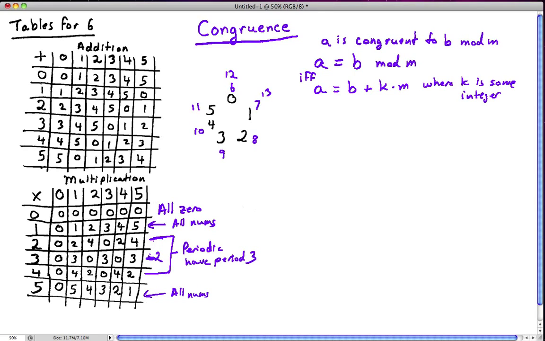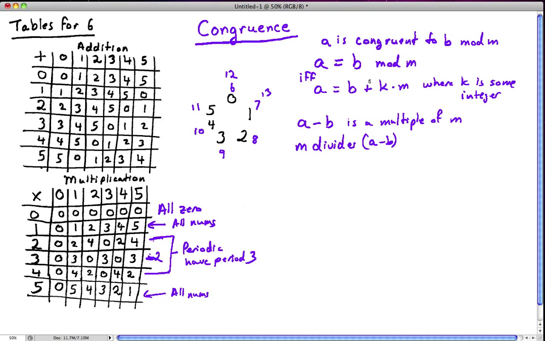Another way of thinking about congruence is to look at the difference. We say A minus B is a multiple of M, or in other words, M divides A minus B. All three of these definitions are the same.